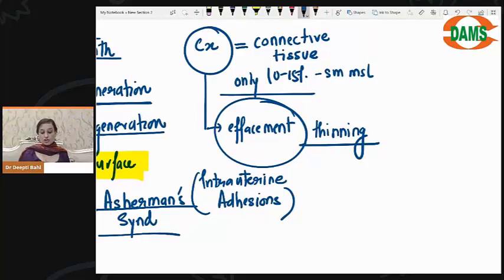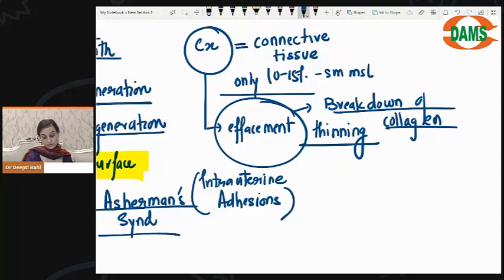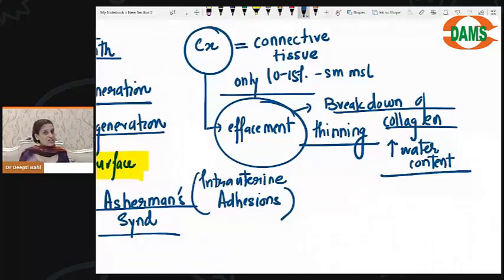During the process of effacement, there is going to be a breakdown of collagen and an increase in the amount of water content. So water content will increase, collagen will decrease, and there is going to be thinning or softening of the cervix. So that is the first different thing that we have to know about the cervix and the uterus.